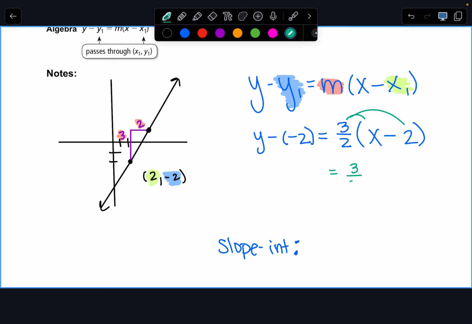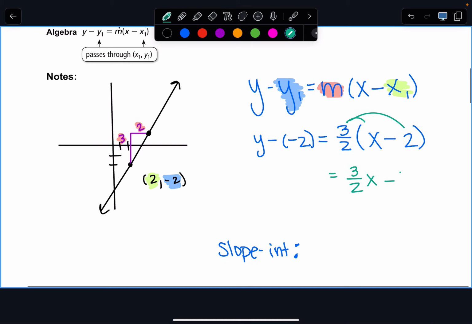So this is 3/2 x minus what number? 3/2 times 2, which 2 is like 2 over 1. So we have 3 times 2 over 2 times 1, so minus 3. And this just means y plus 2. Do you agree? Yeah. Okay.